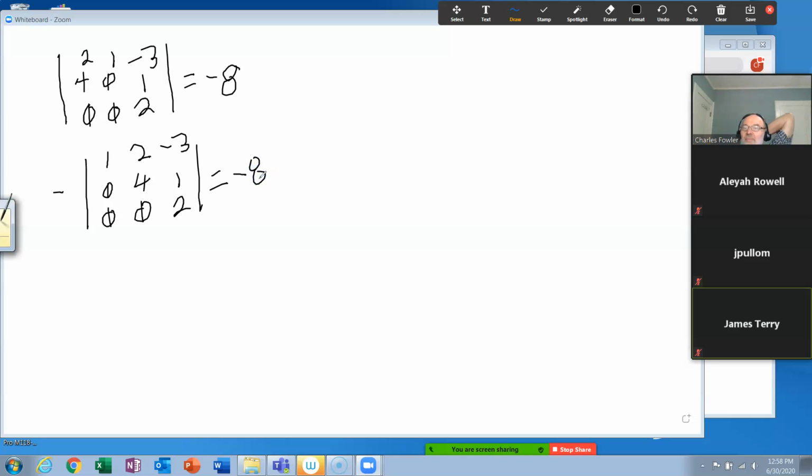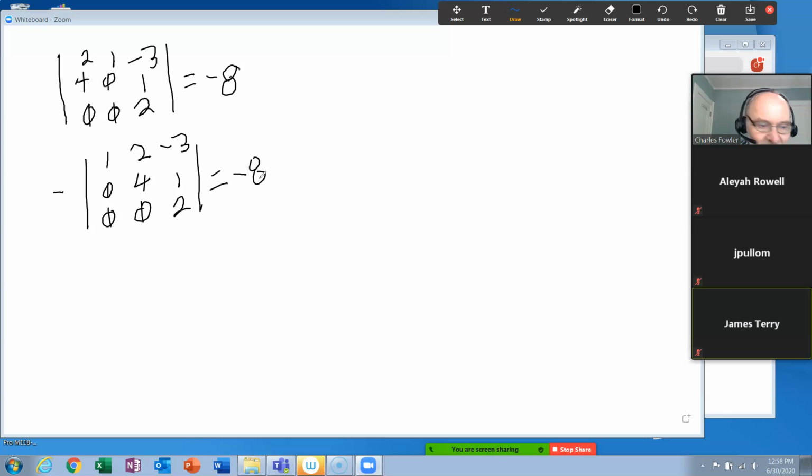And that was simpler to do. If you notice that just by exchanging the first two columns, you get a triangular matrix, those are so easy to do.